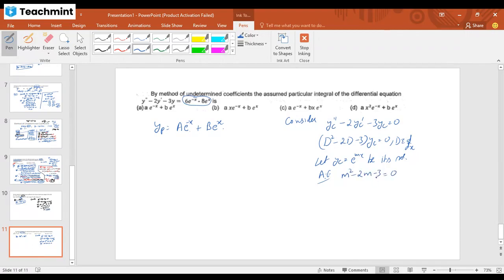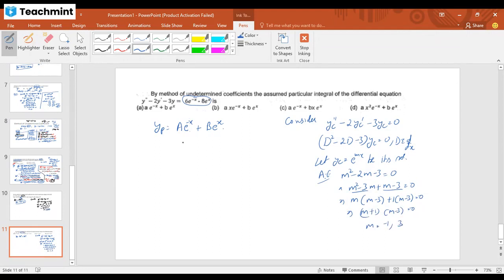Again, 3 is a prime number. Only possible factorization is 3 and 1. So it is m square minus 3m plus m minus 3 equal to 0. So here m is common, m minus 3, 1 is common, m minus 3 equal to 0. So the factorization is m plus 1 and m minus 3 equal to 0. So the roots are minus 1 and 3.